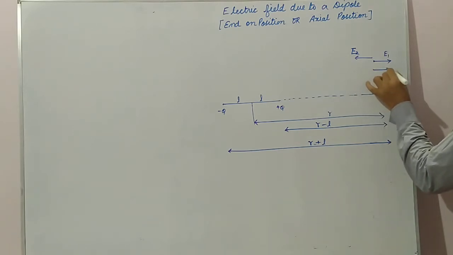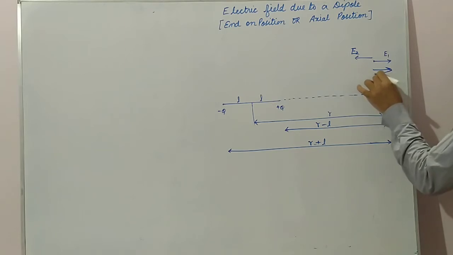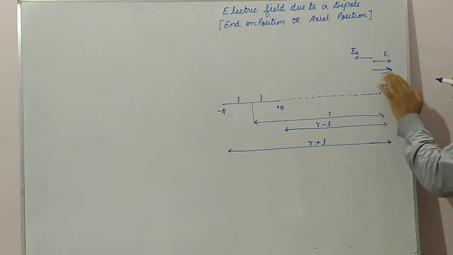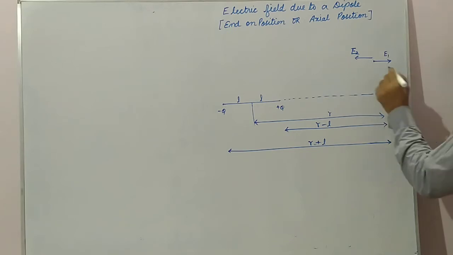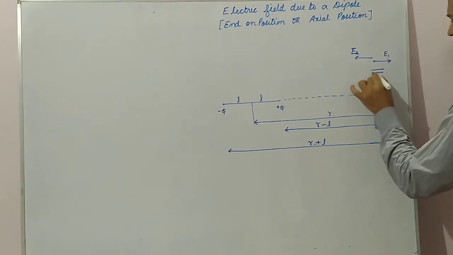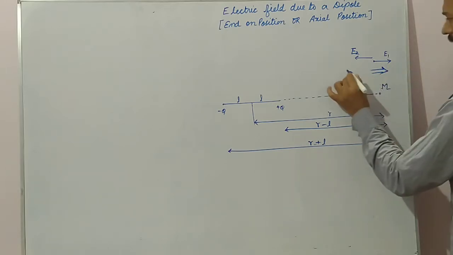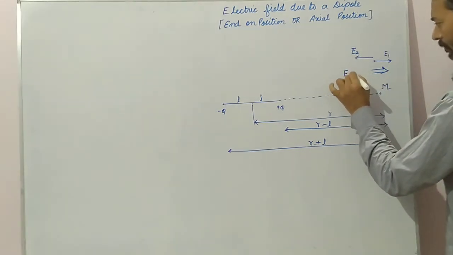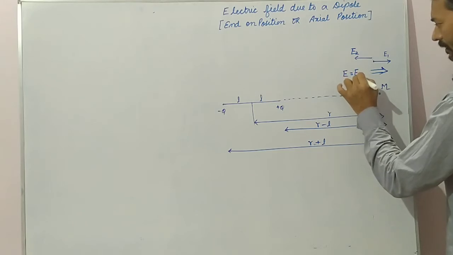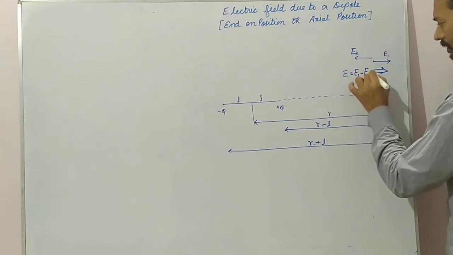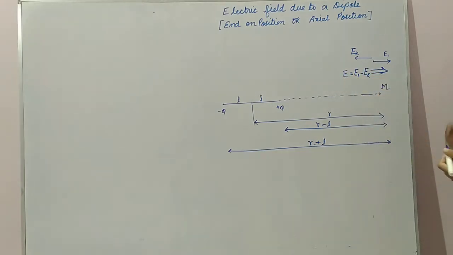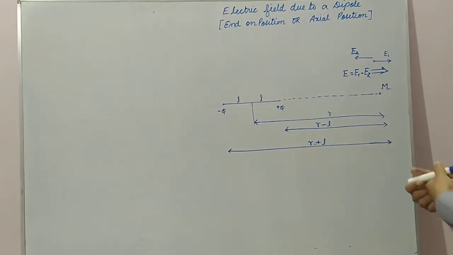So the net field will be directed along the positive direction. So net electric field E is E1 minus E2. So net field is directed towards right.